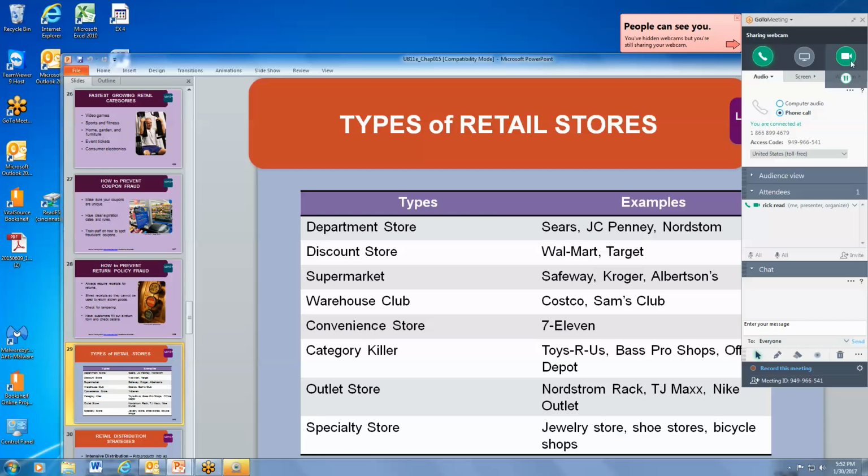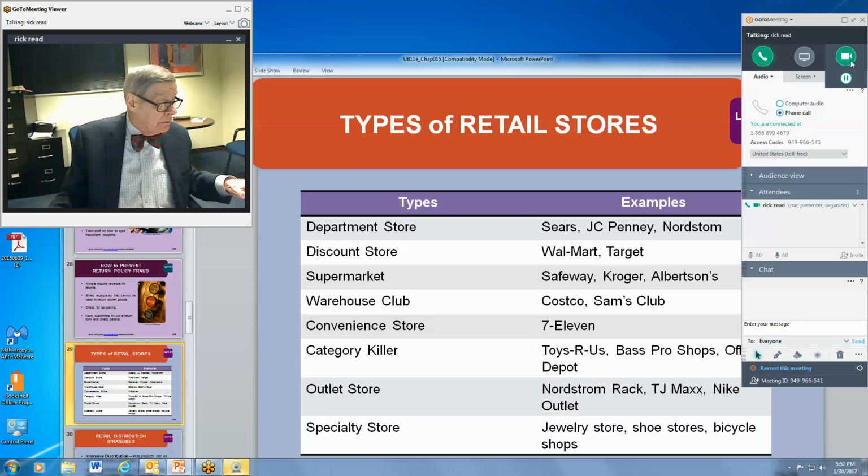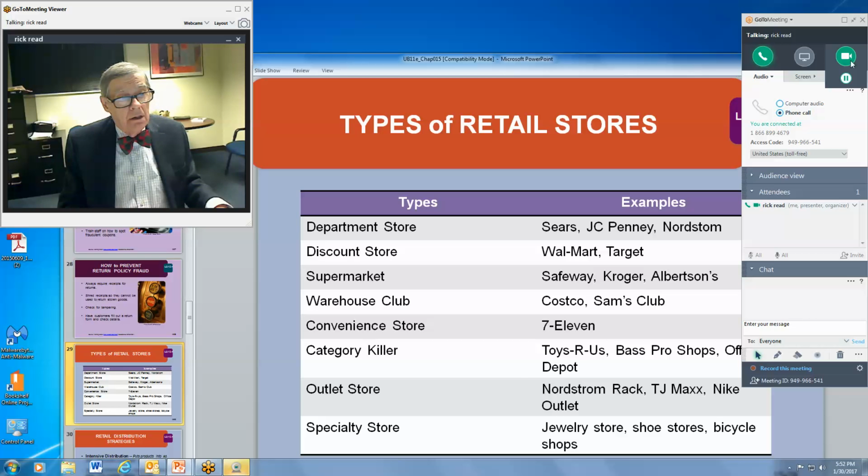By the way, when we talked about the full service retailer, I did not mention to you, because the slide did not come up for comparison, there is a figure 15.4 on page 425 in your text. It gives you some kind of an idea of what a full service wholesaler does.